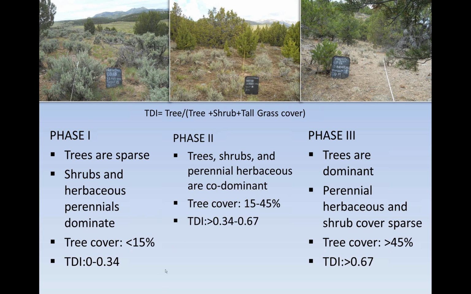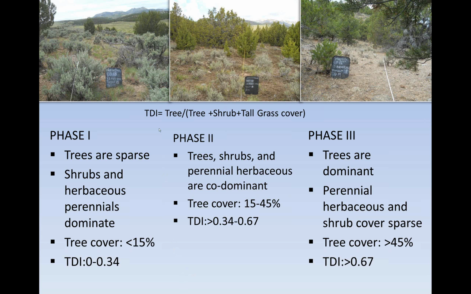Robin Tausch and I have kind of quantified this with what we call the tree dominance index, which we take the tree cover and divide it by the tree plus shrub plus tall grass cover. These are the main resource users in the community. And then we say phase 1 is 0 to 0.34 tree dominance index. Phase 2 is in between there, and phase 3 is greater than 0.67.